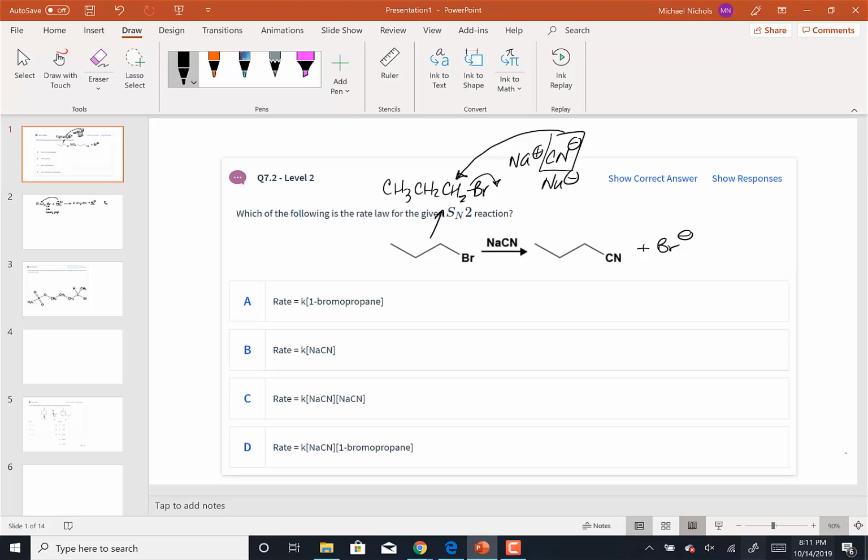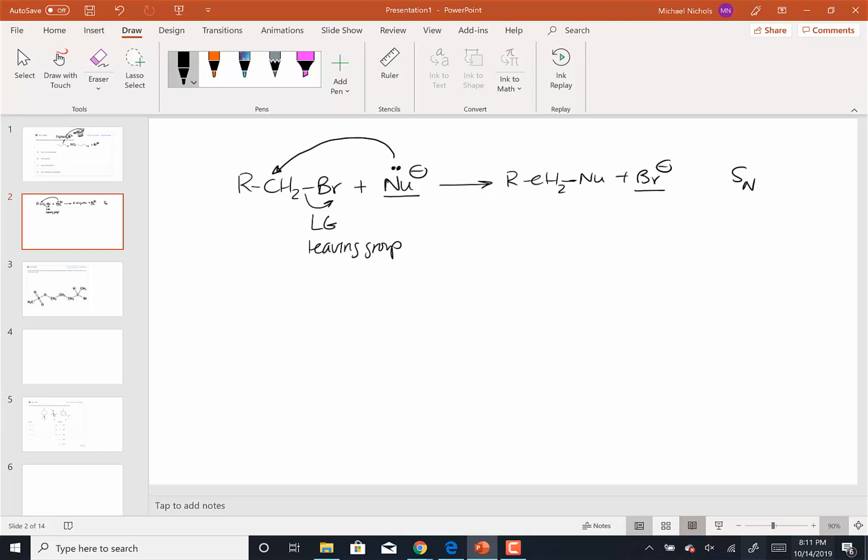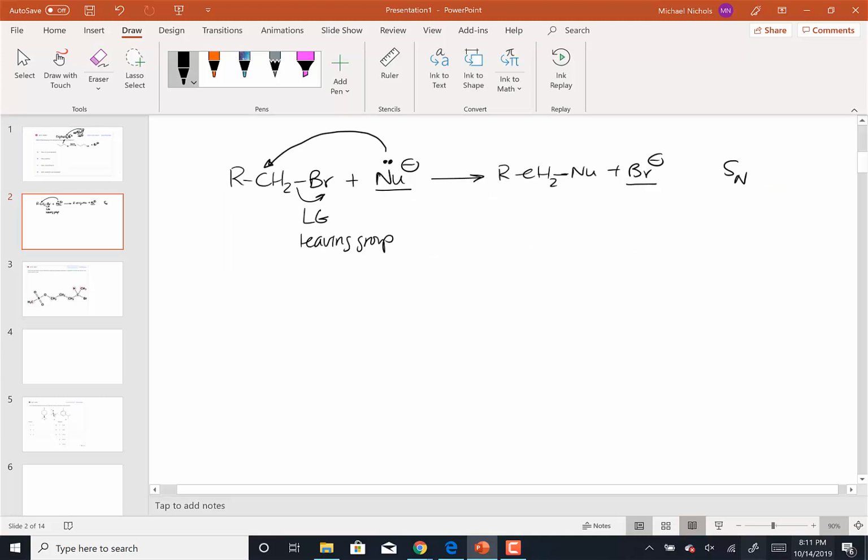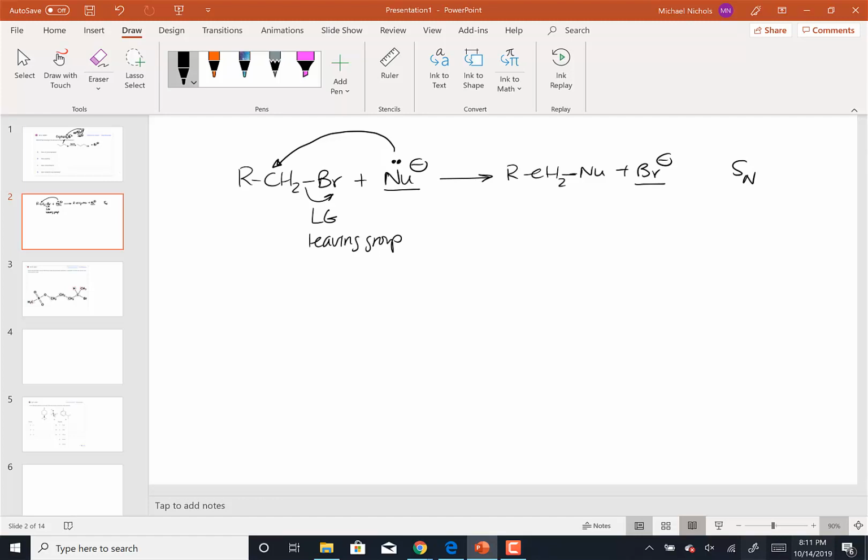So this is an SN2 reaction, and what it means is that the reaction is bimolecular. And that means that in this reaction, the rate equation is found to be the rate constant times the concentration of the alkyl bromide to the first power times the concentration of the nucleophile also to the first power.